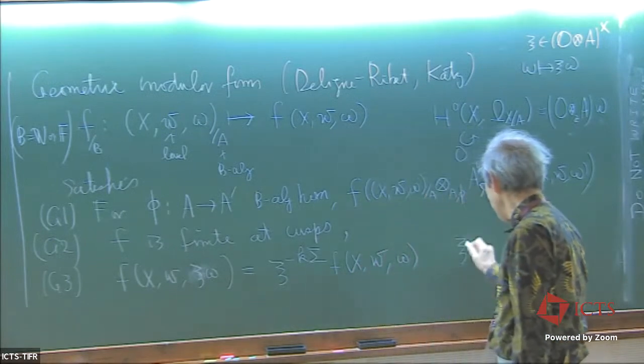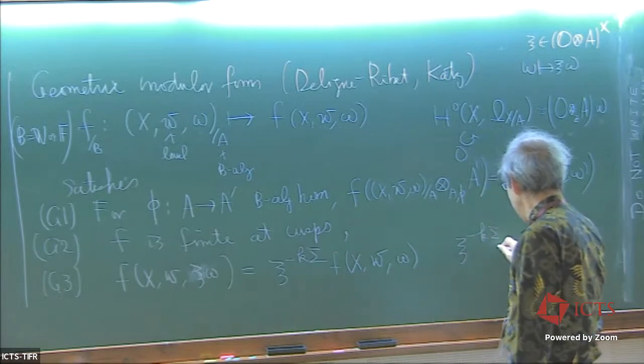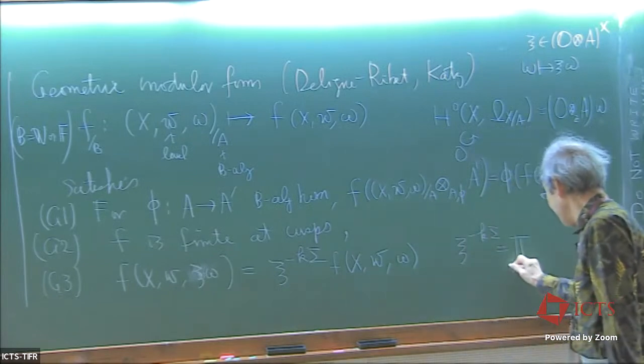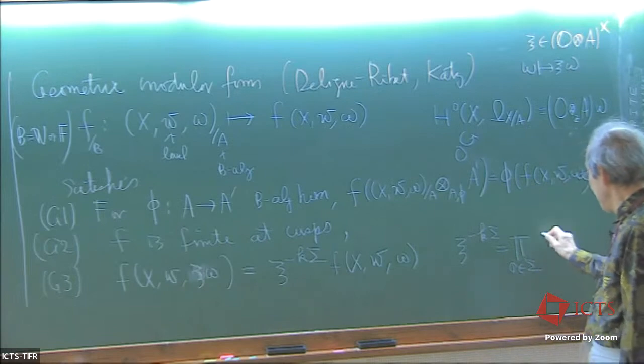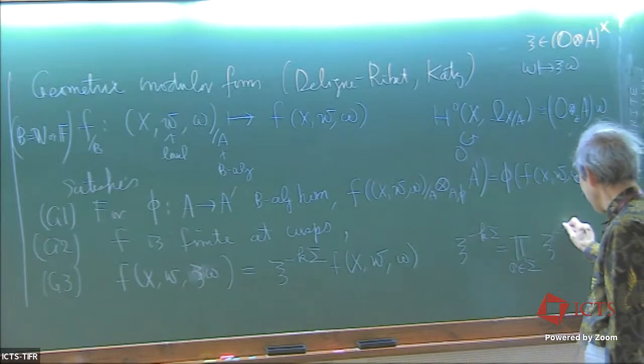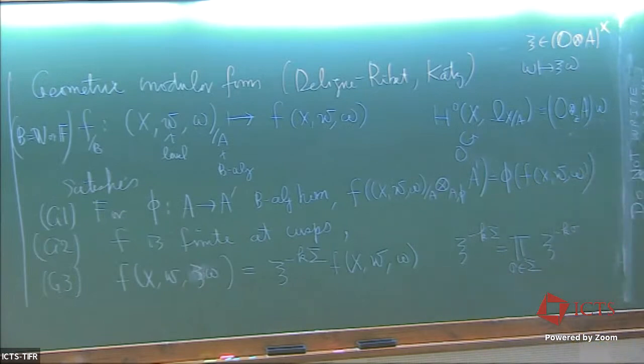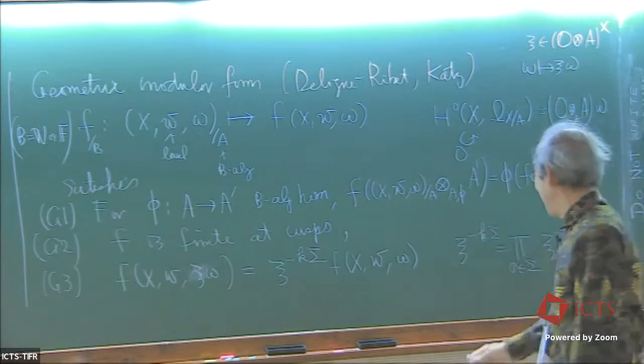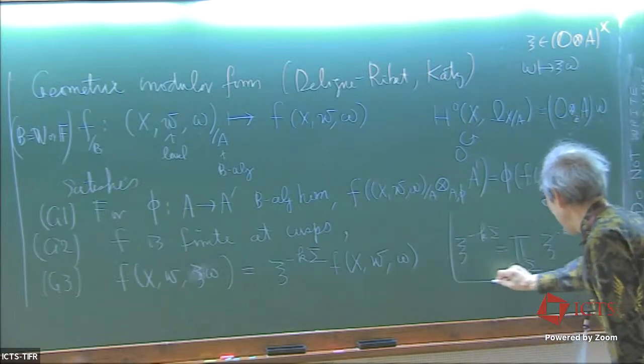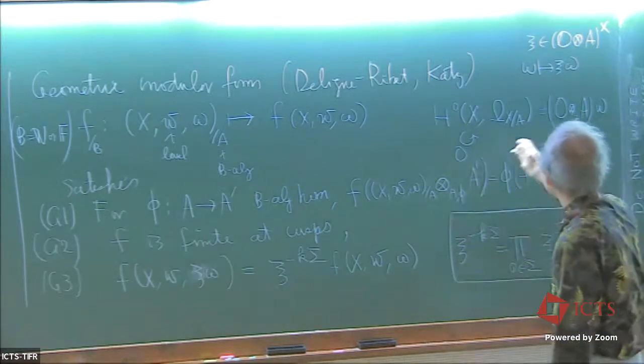What's psi to the minus K sigma is just a product over sigma in the CM type of psi to the minus K sigma. Okay, because I tensored A over Z with O, the sigma extends to this, right?